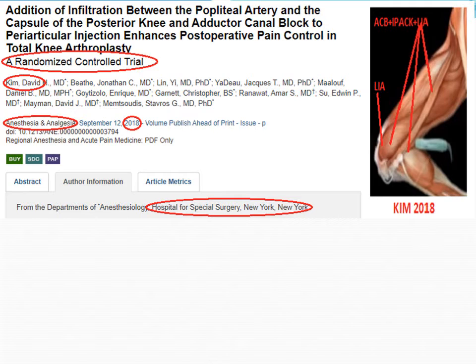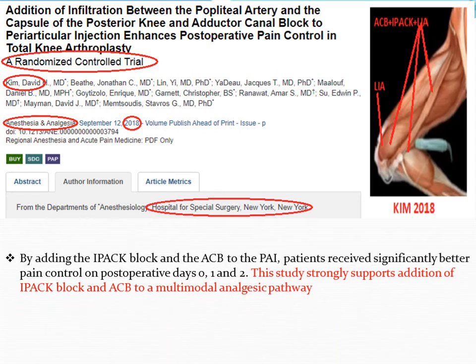He described a triple technique: giving adductor canal block and IPACK block, in addition to letting the surgeon do local infiltration analgesia at the end of surgery. So he is doing a double block before surgery and letting the surgeon do the third block at the end of surgery. This is Kim. And the control group is local infiltration analgesia.